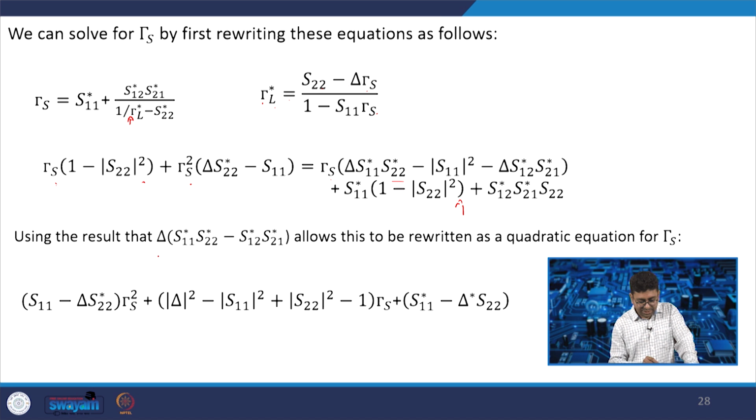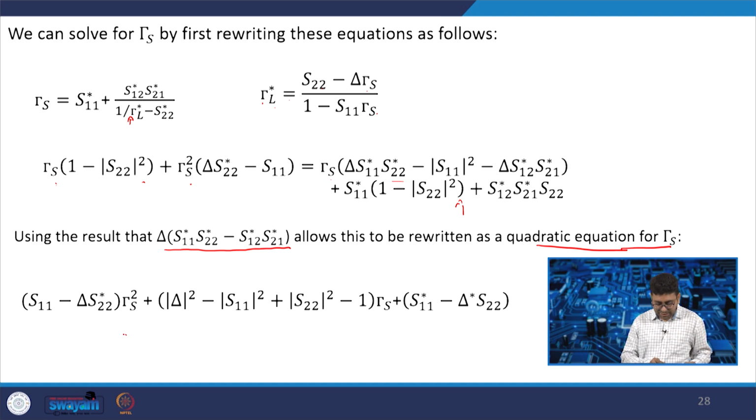Using the result that delta is S11 S22 minus S12 S21, this can be rewritten as a quadratic equation for gamma S.